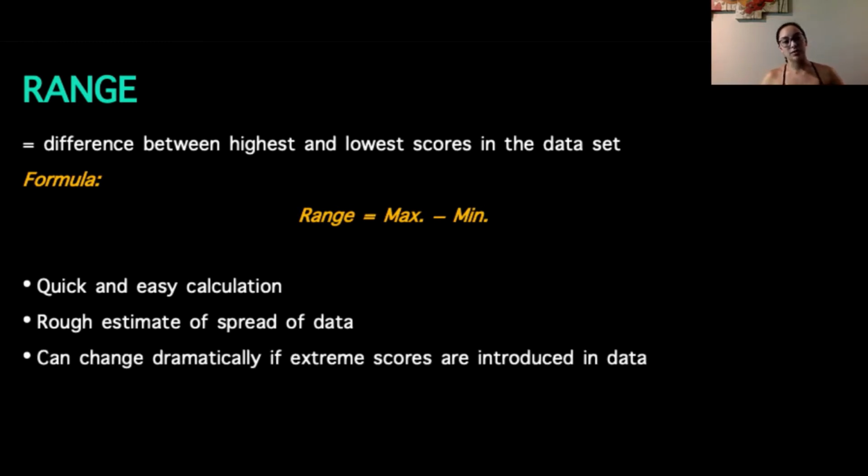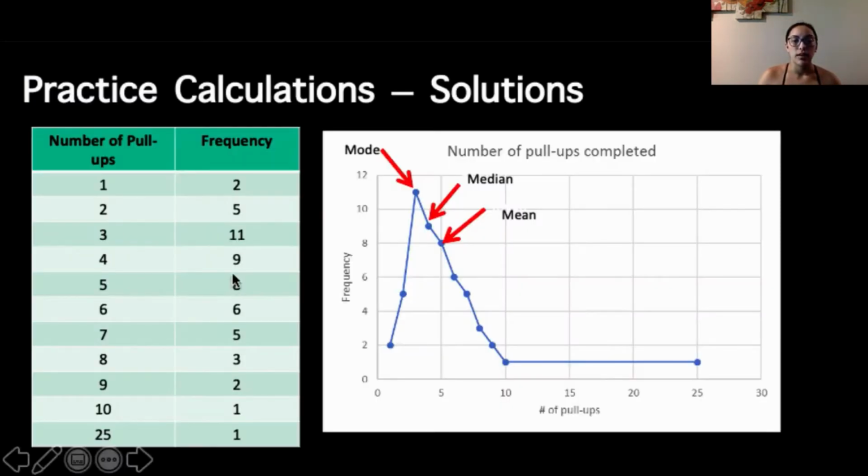So if we go back to that practice slide, where we've got a minimum of 1 and a maximum of 25, we could say the range of this data is 24, right? 25 minus 1, 24. However, 25 is an outlier in this distribution.